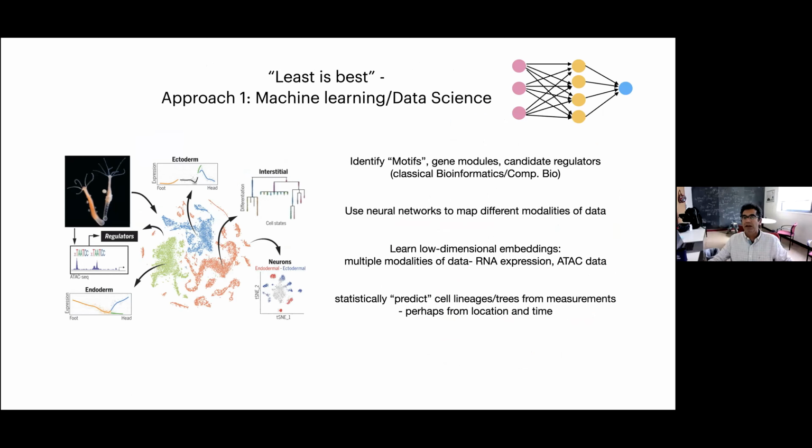We can identify motifs, gene modules, candidate regulators. We can use neural networks to maybe map these different modalities of data. We can learn low dimensional embeddings. This is common, and maybe we can learn embeddings that combine measurements. And of course, there are lots of attempts to statistically predict cell lineages and trees from measurements, perhaps integrating location, time, and all these things.